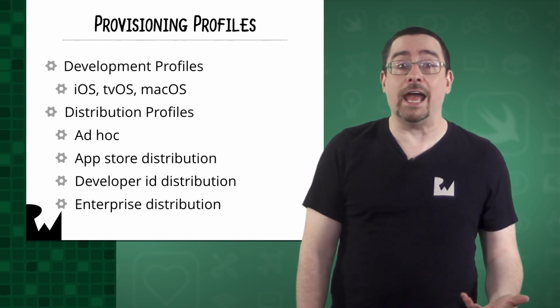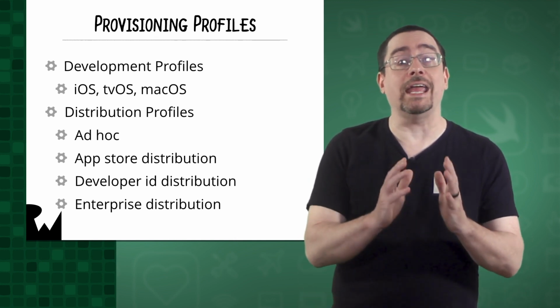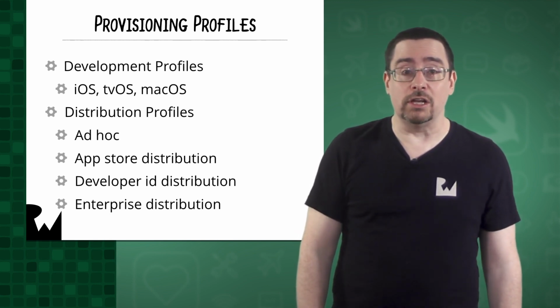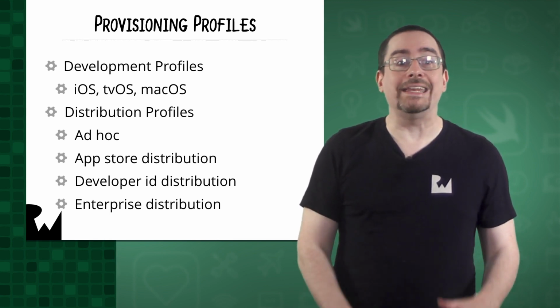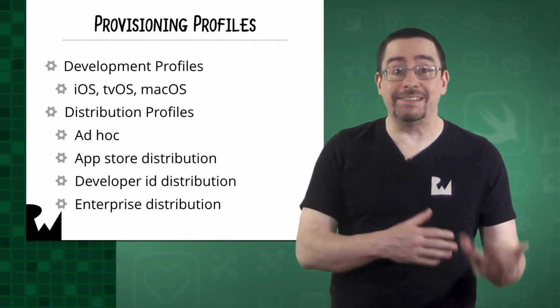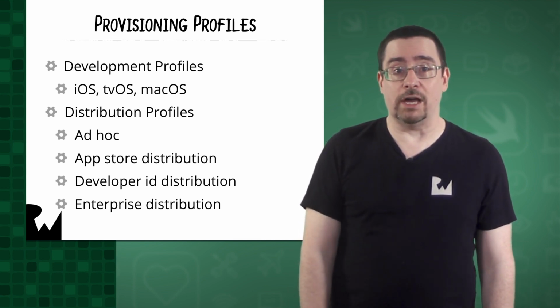So if you developed an app that was tested on 70 registered devices and started development on a different app with different testers, you can only add 30 new devices. Also note, in time, the app will expire and stop working. They'll need to be re-signed, so it's not meant for a long-term distribution strategy.